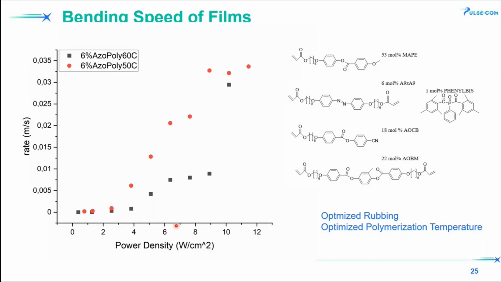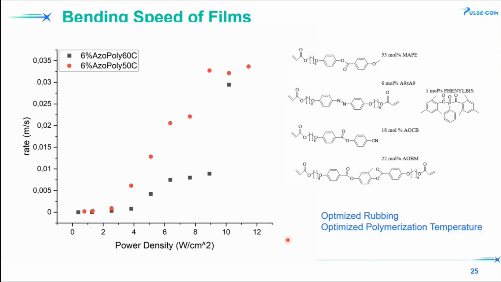One is polymerized at nematic temperature, and one is 10 degrees higher. You see that at the same power density, even though it's the same mixture, we have a completely different ability to convert light into mechanical energy. This is speed, in meters per second.